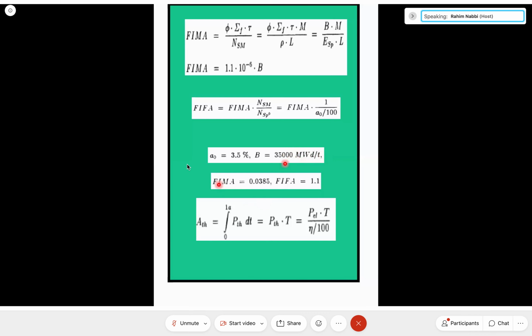Okay. The starting point is B, it is given, anyhow, doesn't matter how. The question is, how big is the FEMA in the other unit? It is very simple. Putting here, you can get here. This number in FEMA and in FIFA would be the other unit according to that one.